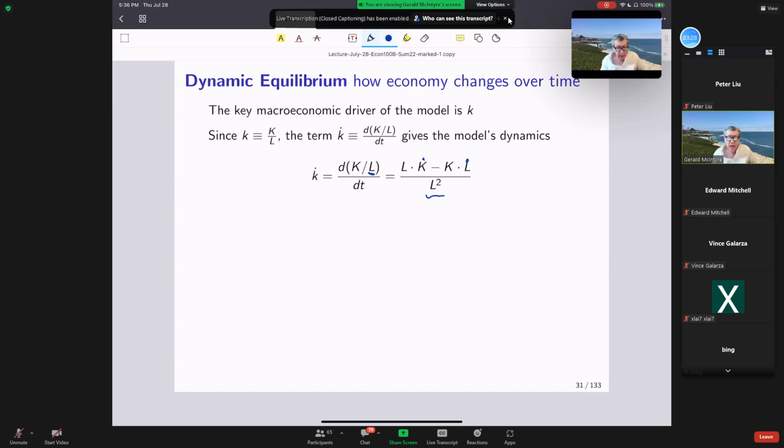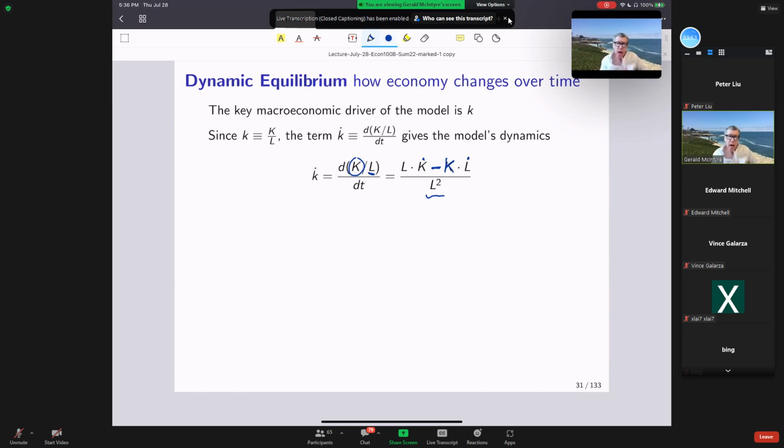And I have L, the denominator, times the derivative of the numerator. The numerator is K, so I'm taking the derivative of K with respect to time. That's K dot, minus the numerator, capital K, times the derivative of the denominator, L dot, all over the denominator squared.